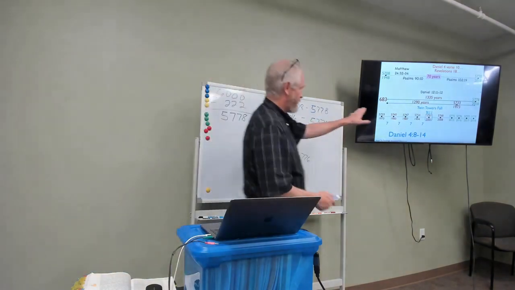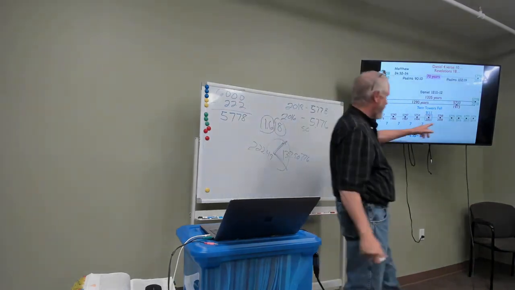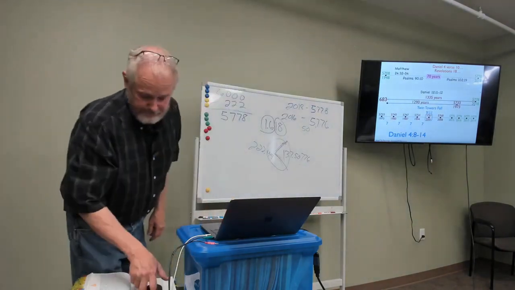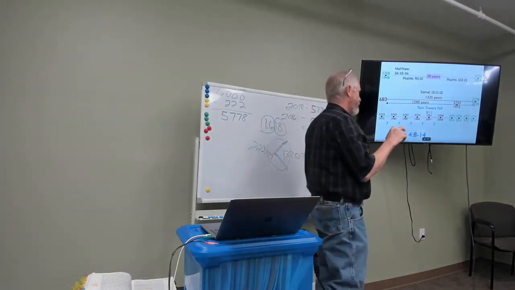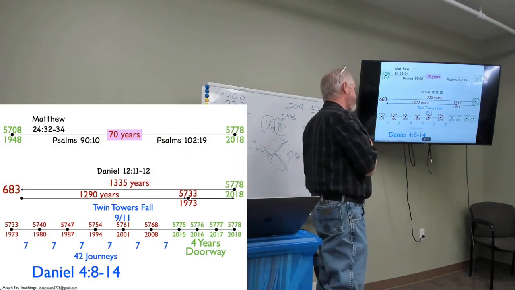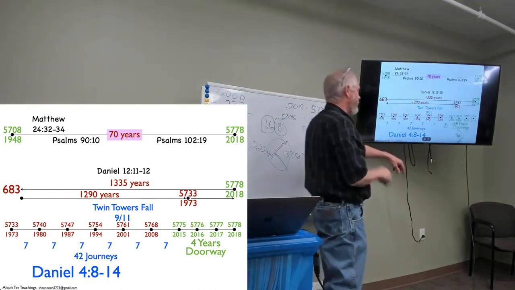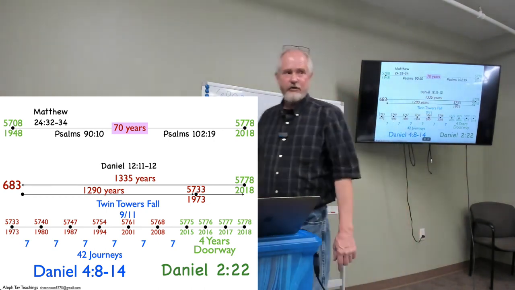So the point I'm trying to make is 5778 is where we started, and he's going to take us back to Daniel. You guys have seen this, there's a 4-year doorway, but he's going to take us back to Daniel 2:2:2.